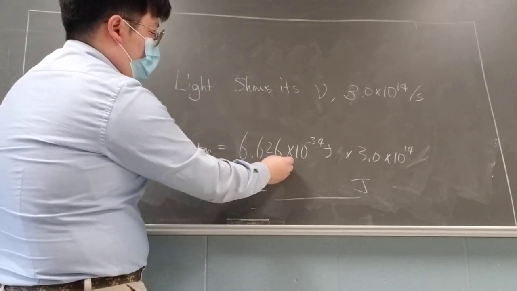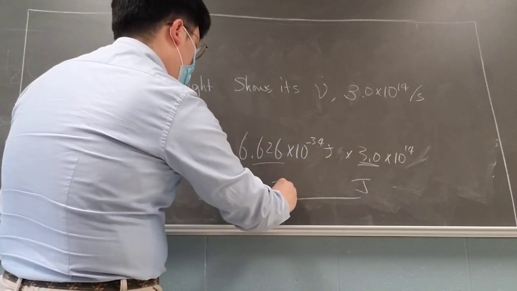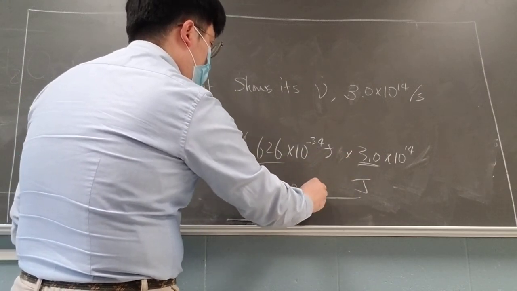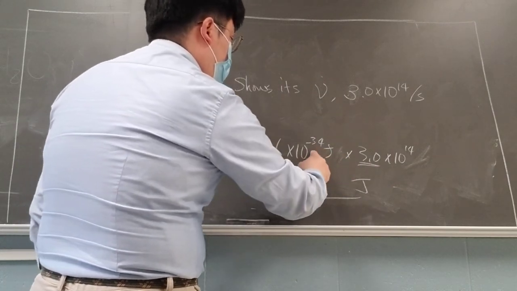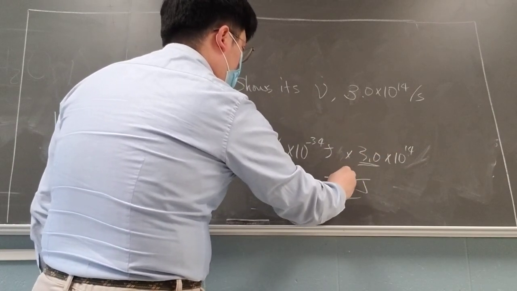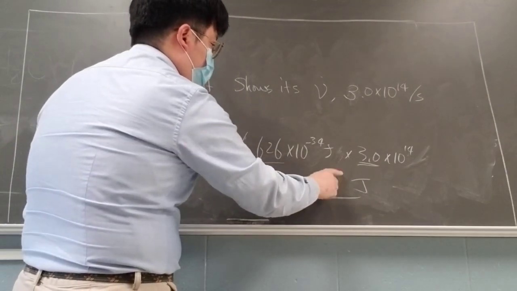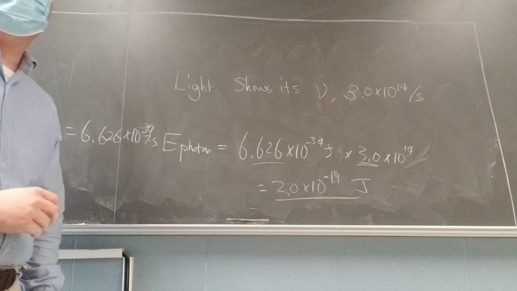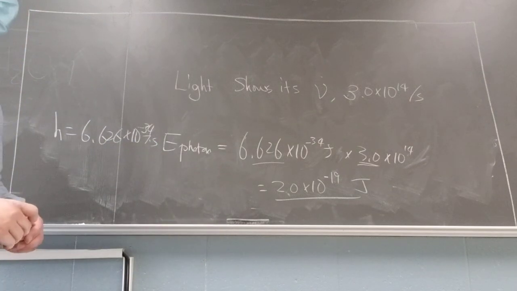If you just do it, it's about 2.0 times 10 to the negative 20, but you can write 2.2 times 10 to the negative 19 instead for scientific notation. Did you get it right? Can I move on?